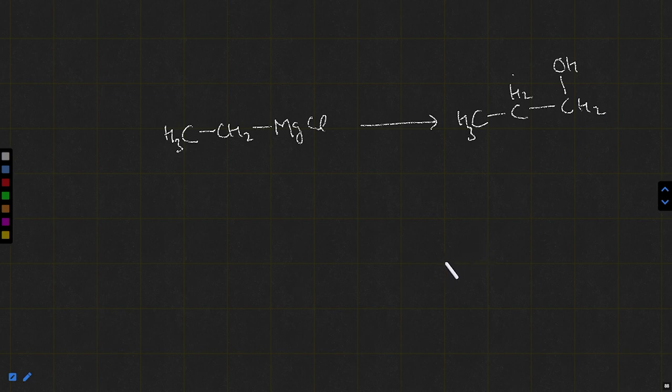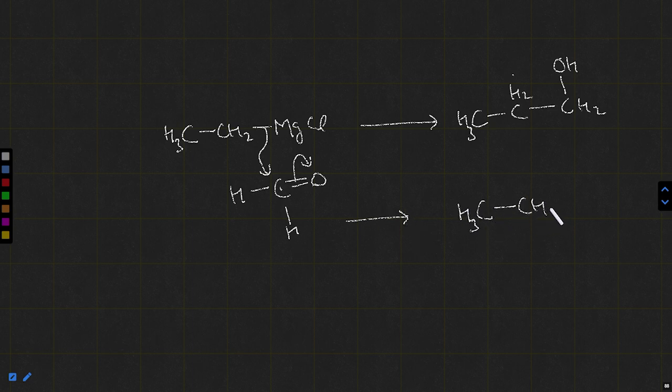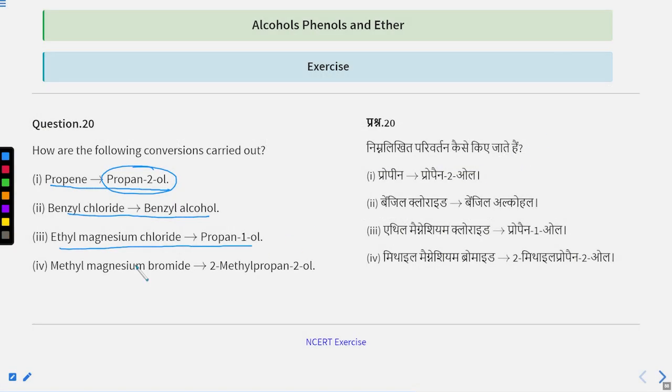We have to increase one carbon. How will we do it? We'll simply treat it with HCHO, that is our formaldehyde. Now this will give an SN2-type reaction. It will go here and will result in this thing. Now further we will just protonate this thing to get our final product.